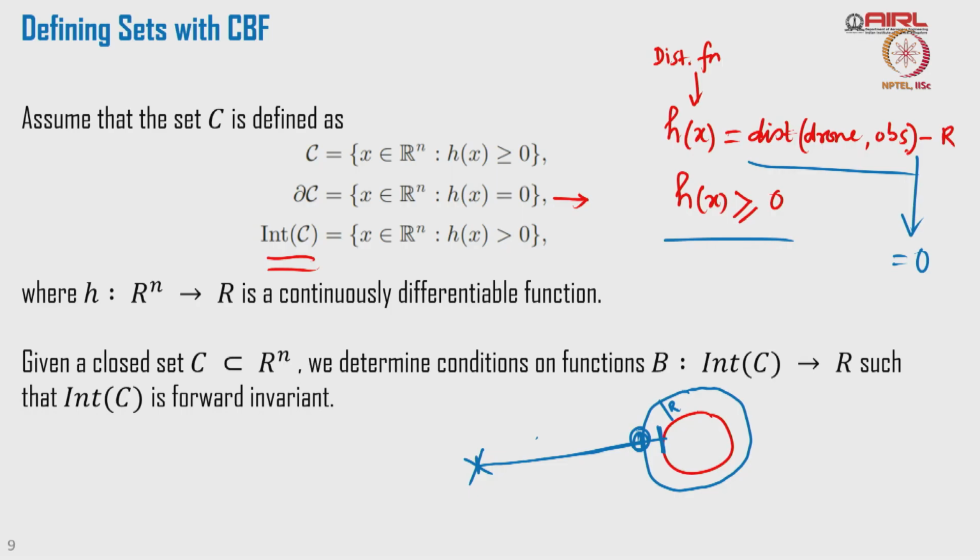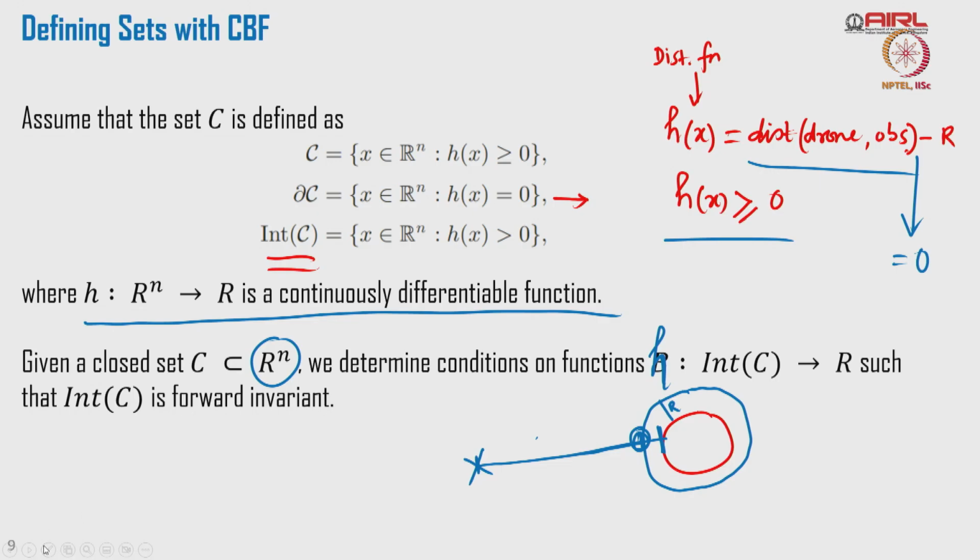Okay. Now we say that h we are talking about is a continuously differentiable function. Given a closed set C that belongs to, say, R^n, an n-dimensional space, we determine conditions on a function, say this should be h, which maps the interior of C into R, such that the interior of C is forward invariant.